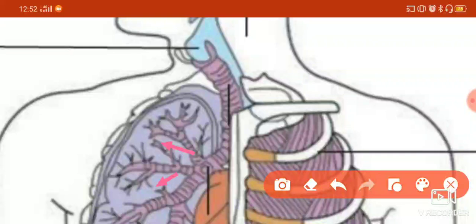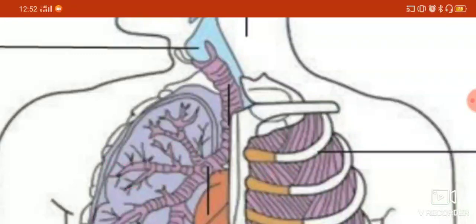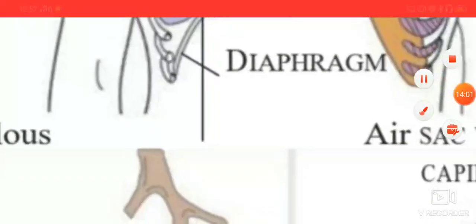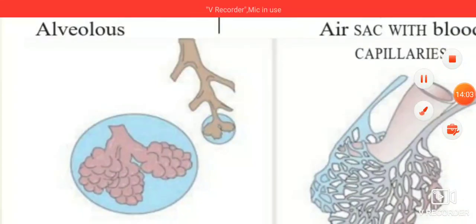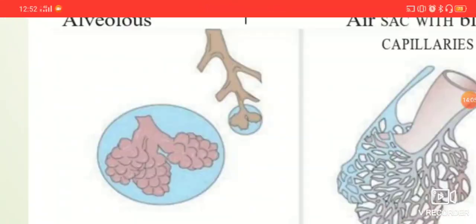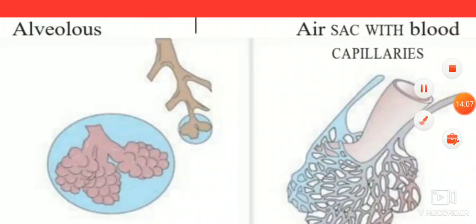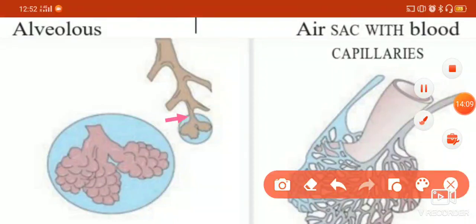Then it is divided into tertiary bronchi, and tertiary bronchi into terminal bronchioles, which end into alveoli. Here, this is the terminal bronchiole, and it ends into alveoli, a bunch of alveolar sacs.